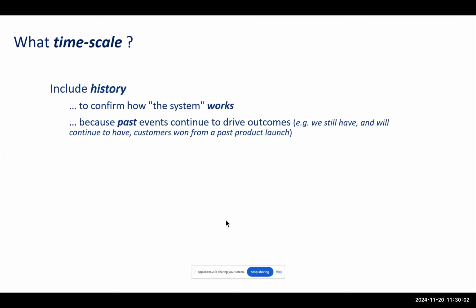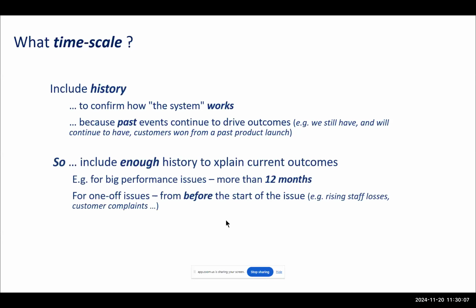So past events are important. That's why we include history. Include enough history to explain, even with an E on the explain there, what the current outcomes are.